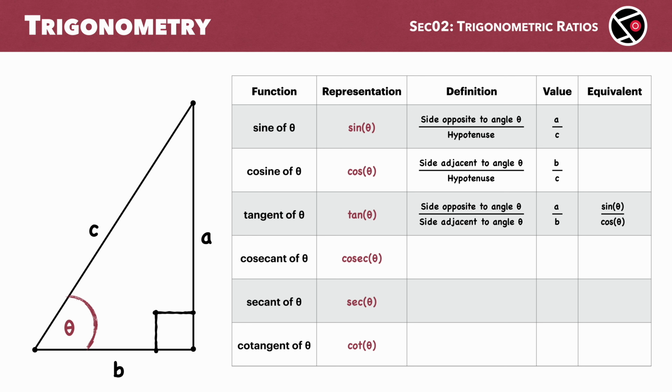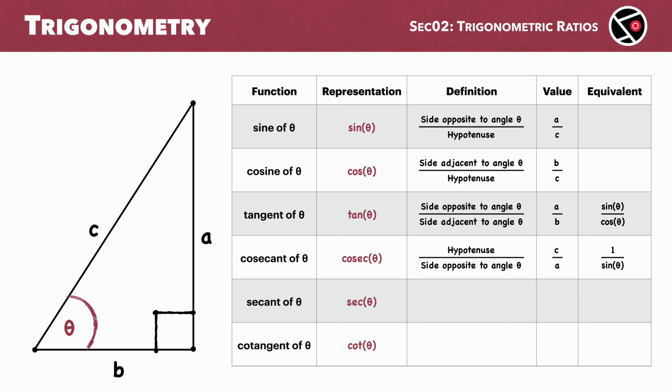Starting with cosec. Cosec is a reciprocal of sine. It's the hypotenuse divided by the opposite side. For our triangle, cosec theta is C by A. Notice how this is just the reciprocal of sin theta, which was A by C. Next, we have secant of theta or sec theta.